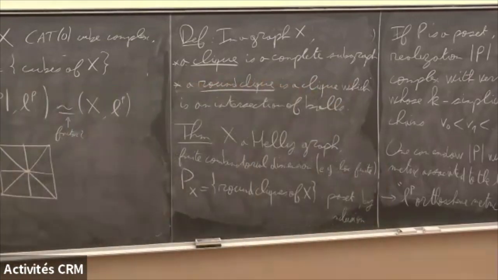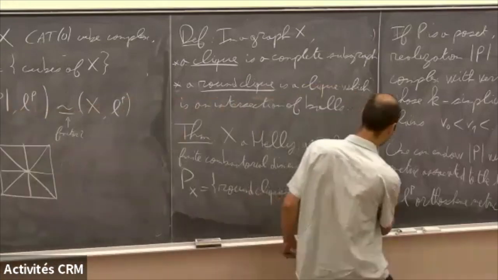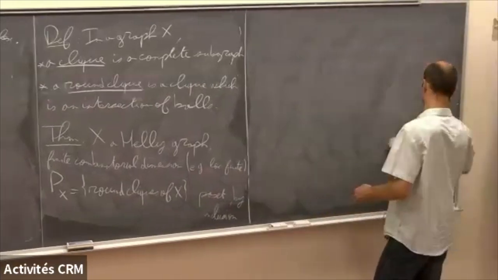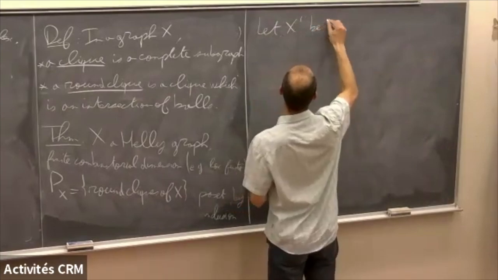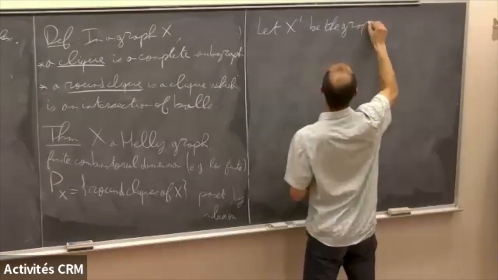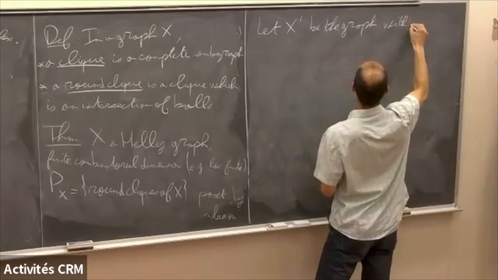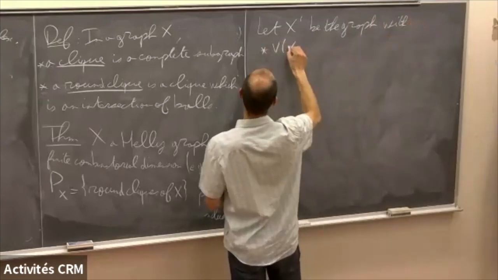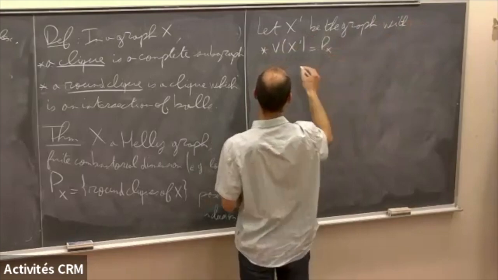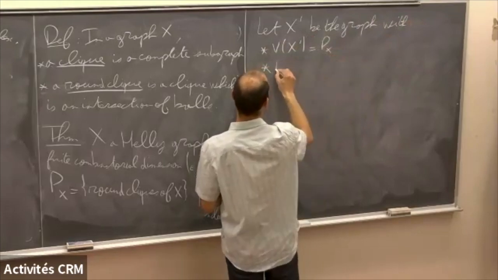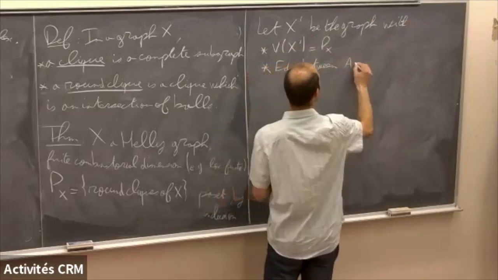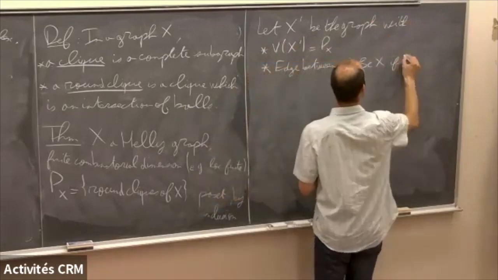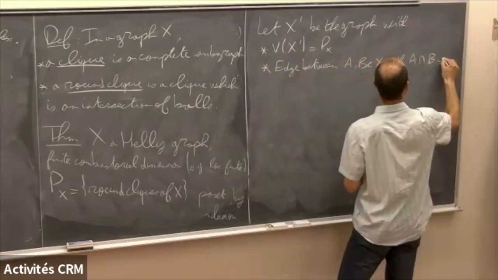And now I will describe a new graph. Let X prime be the graph whose vertex set is the set of all round cliques, and there is an edge between two round cliques A and B inside the space if they do intersect non-trivially.